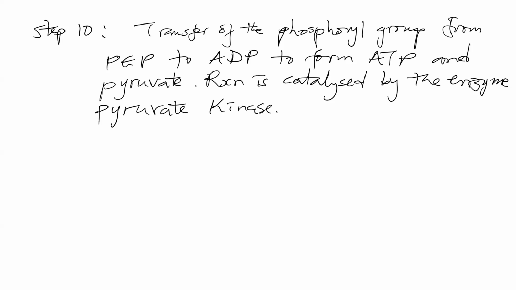So we can write back the structure for phosphoenolpyruvate. So we have the carbonyl carbon, the carboxylic end, PO3 minus. Then you have the double bond there. So this is phosphoenolpyruvate.